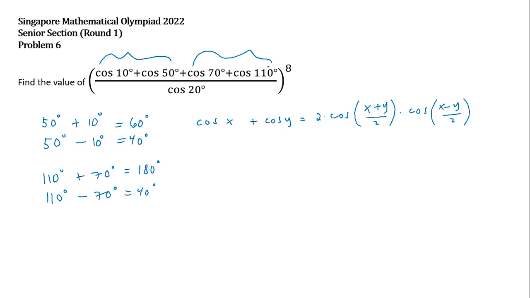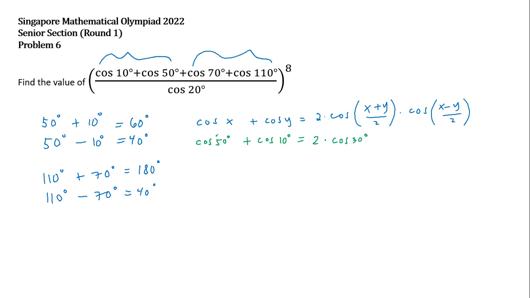Okay, so let's have the first pair. We have cosine 50 degrees plus cosine 10 degrees equals 2 times the cosine. Okay, so I'll just add directly the angles. We have 50 plus 10, that's 60 divided by 2, 30 degrees. So this is 30 degrees.